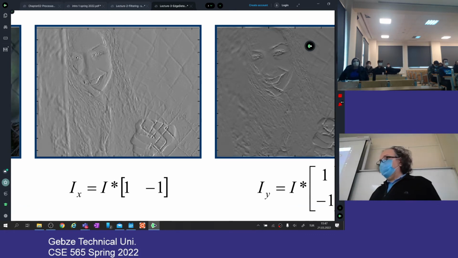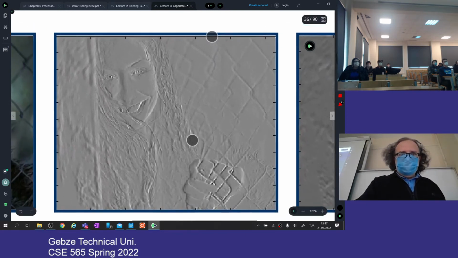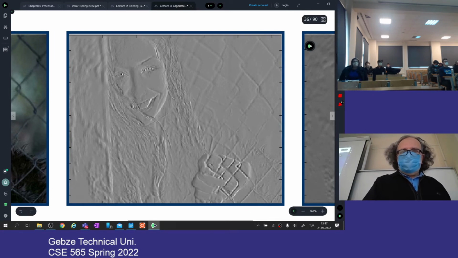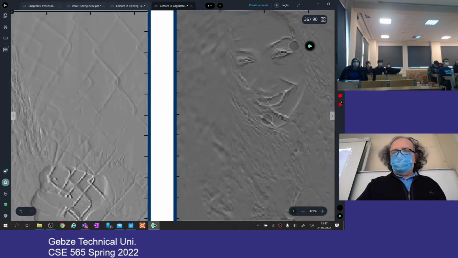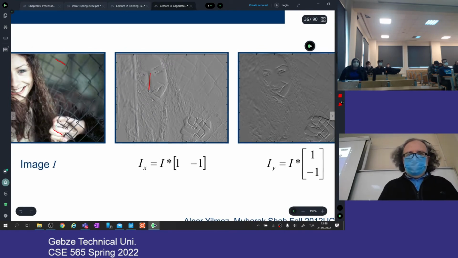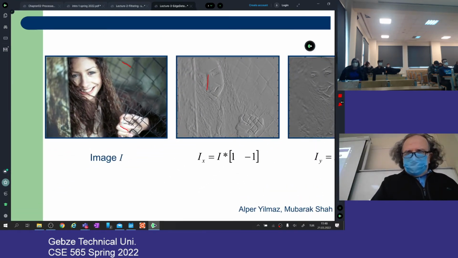Did anybody say something? The nose is the same also. Yes, the girl's nose, exactly. Again, the difference here is that I see this on the x dimension derivative, but on the y dimension, the nose doesn't make any difference.